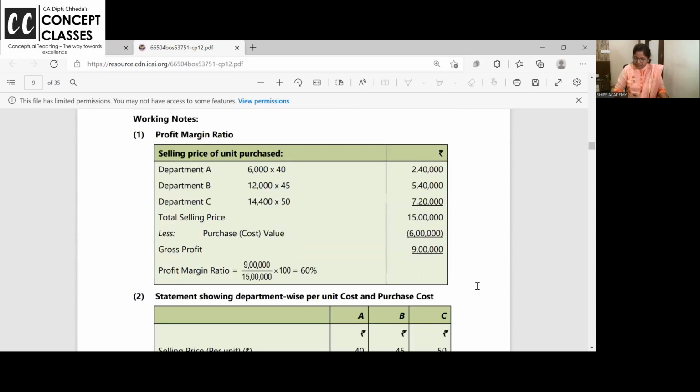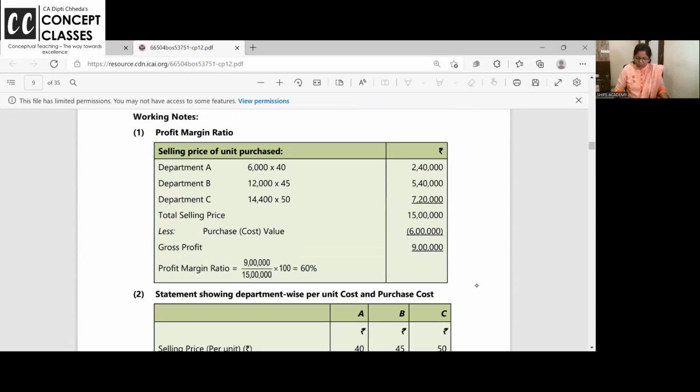Now, all these 6,000 units are purchased at 6 lakh and sold at 15 lakhs. If all your purchases are sold, how much profit will you earn? 9 lakh. On how much sales? 15 lakhs into 100. 9 lakhs divided by 15 lakhs into 100. Why am I doing this exercise of a working note? To get the profit margin, which is missing.